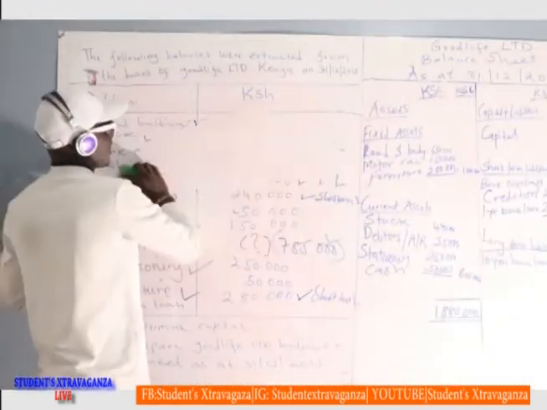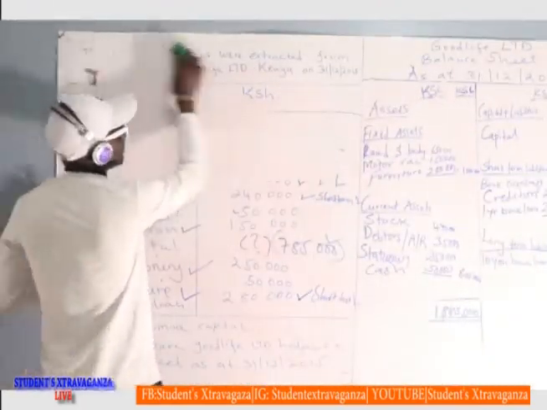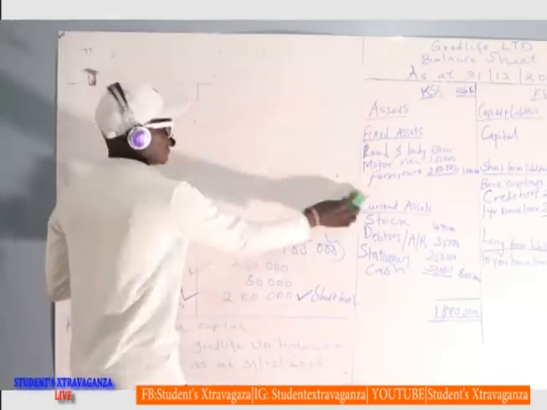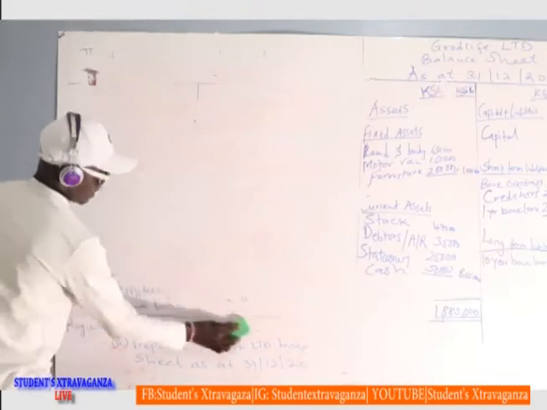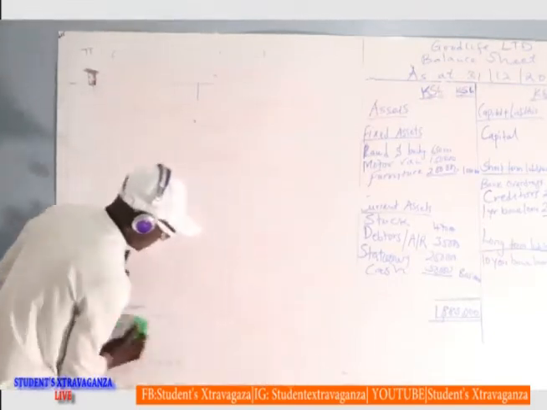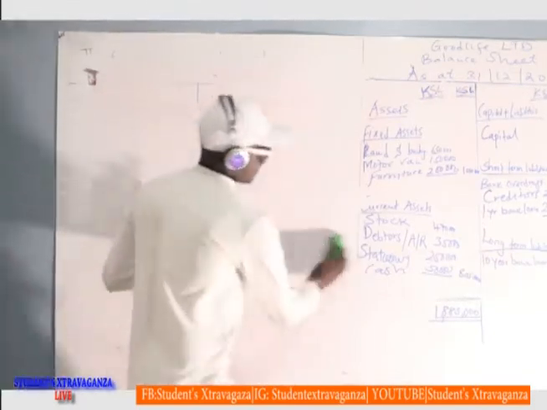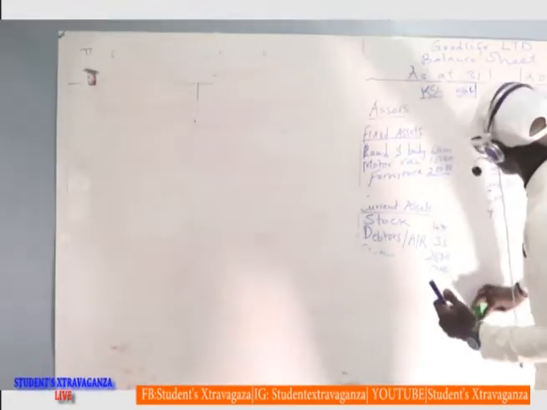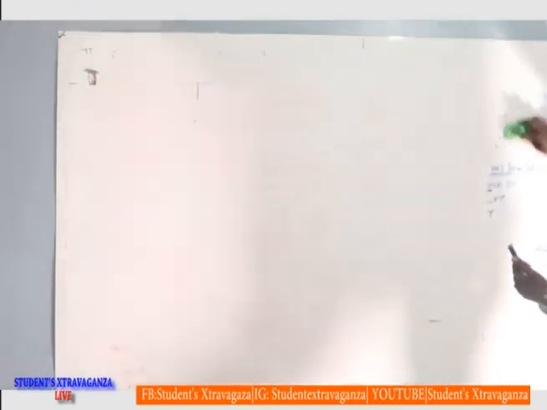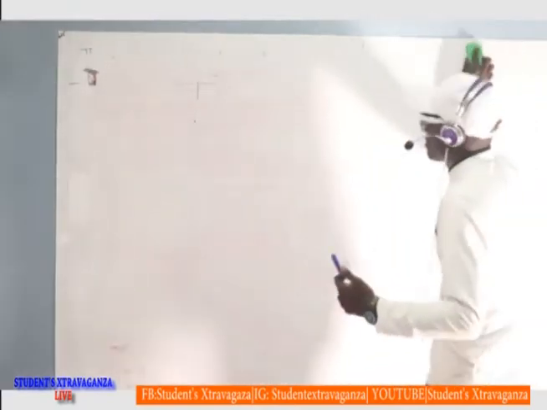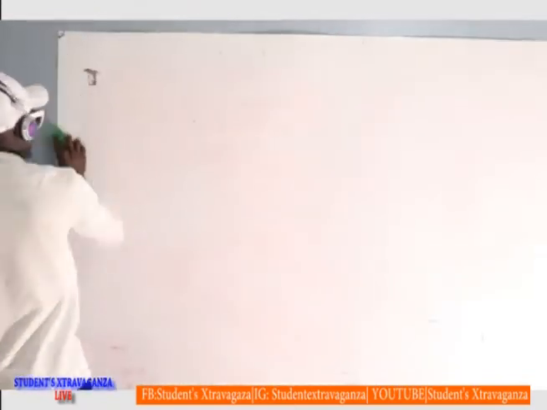Allow me to wrap this. We have prepared our balance sheet. So we have prepared two statements so far.